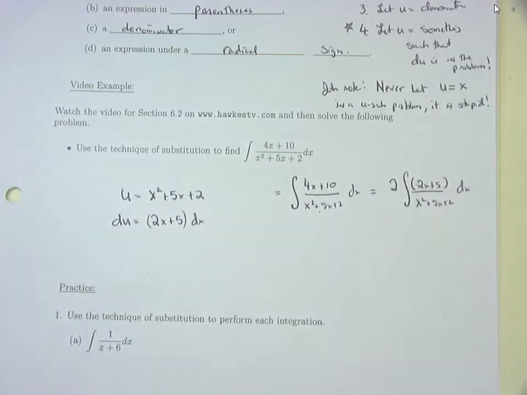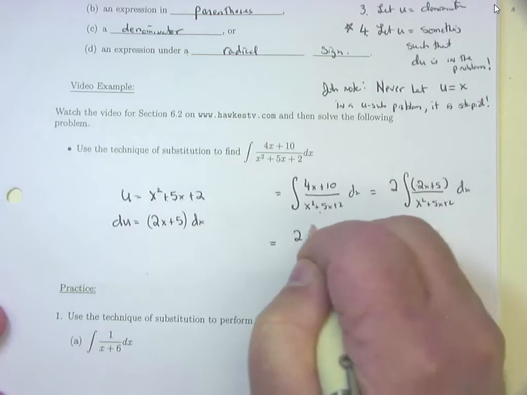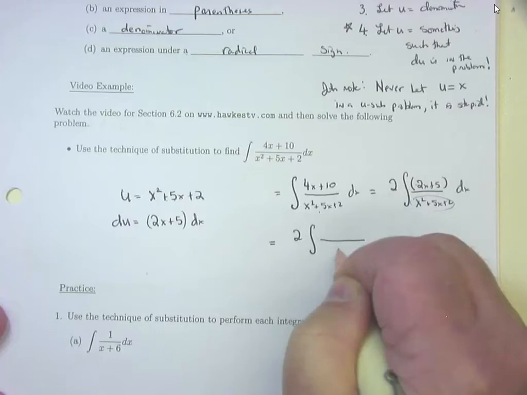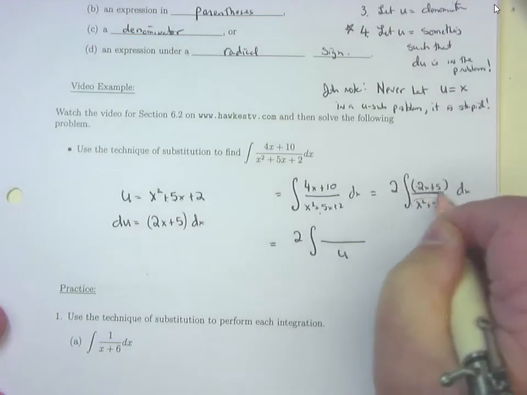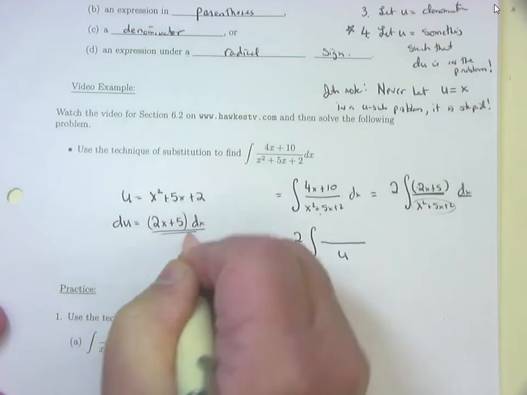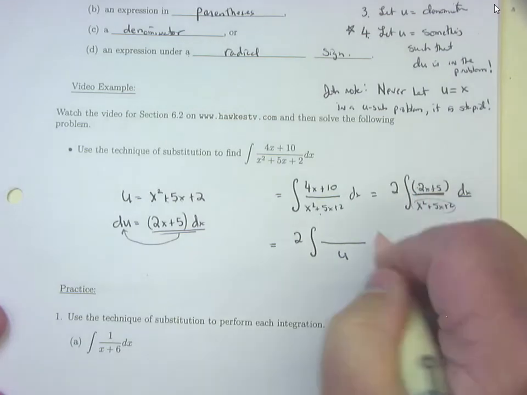So now that I'm going to substitute, this turns into 2, which is a constant, so it holds over. Integral, this is a division problem. The denominator was u. What is the 2x plus 5 dx going to turn into? 2x plus 5 dx turns into du. You get to substitute in for 2x plus 5 dx in terms of du.